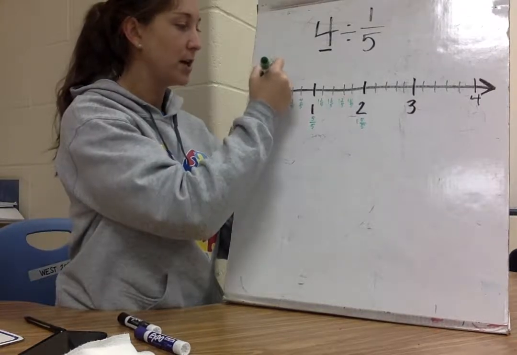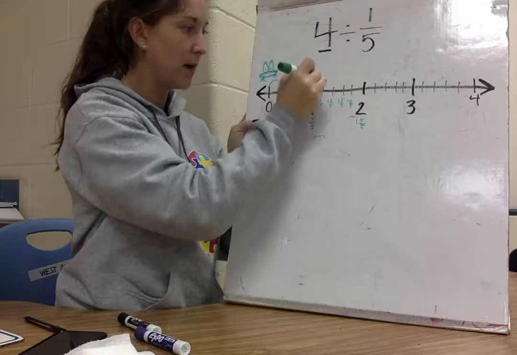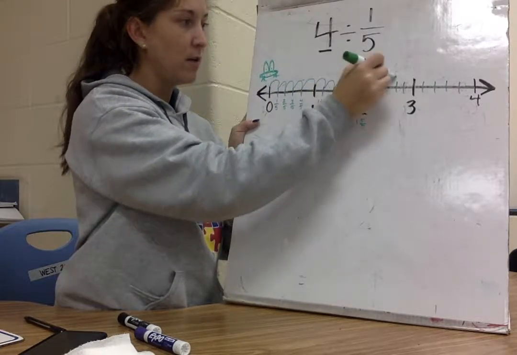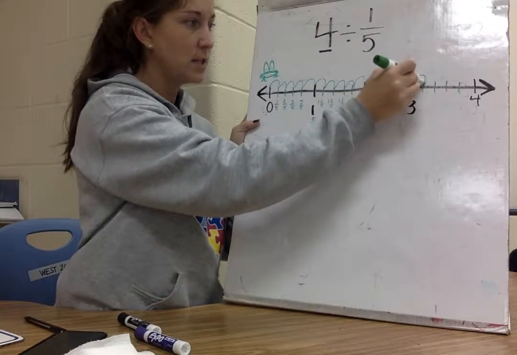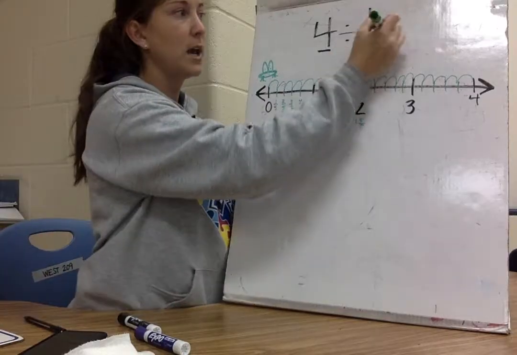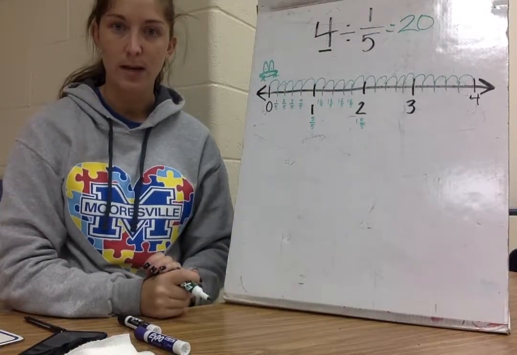So I'm going to start here at 0, 1, 2, 3, 4, 5, 6, 7, 8, 9, 10, 11, 12, 13, 14, 15, 16, 17, 18, 19, 20. I took 20 hops, and therefore my quotient is 20.